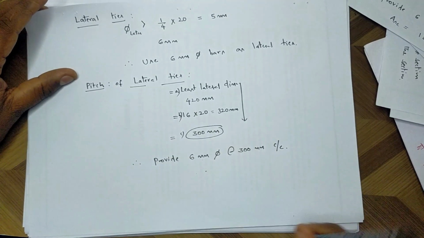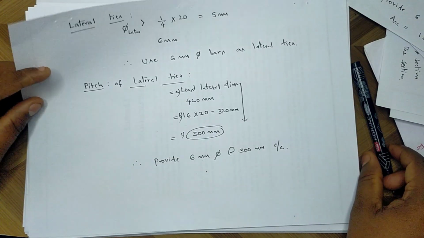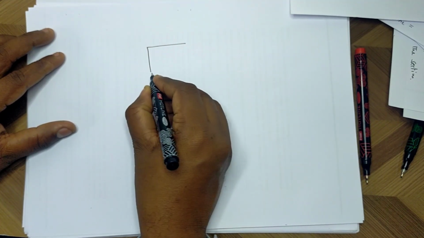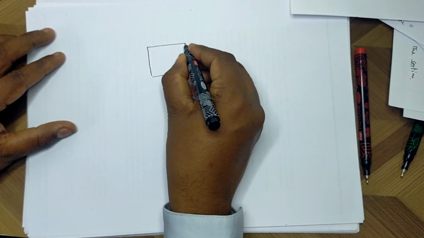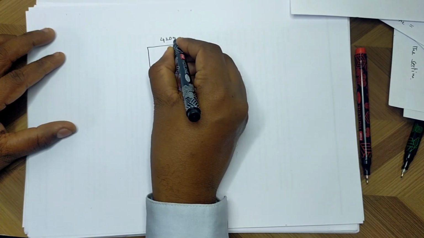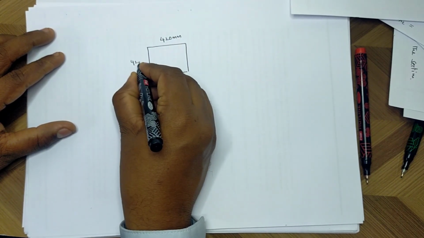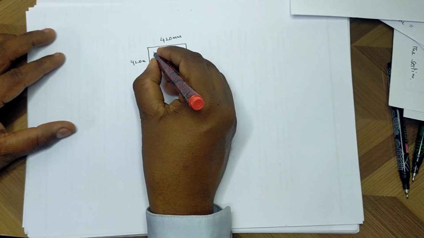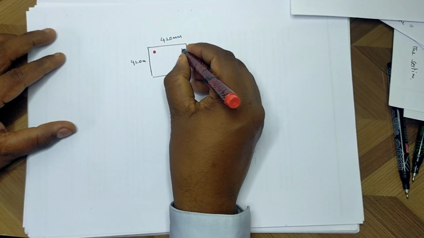Now we need to draw the figure. This is the column of size 420 mm by 420 mm. Now we are providing 6 bars.